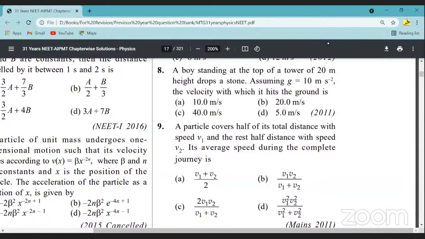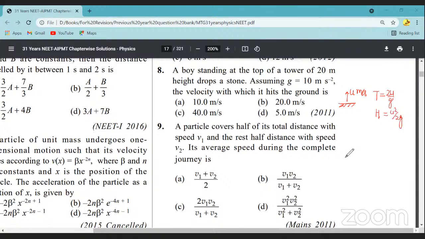Question number 8, direct formula. I had told you to remember 4 formulas. First, if we throw something from the ground, I had told you to remember 2 formulas. Time of flight, how much? 2u by g. Maximum height, how much? u square by 2g.